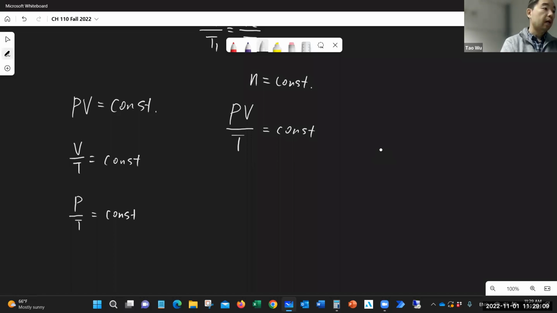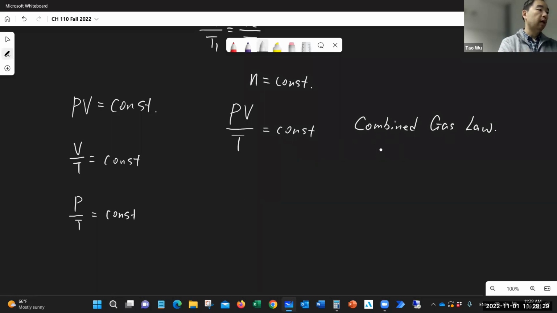So that is the relationship between those three parameters, and this is called the combined gas law.